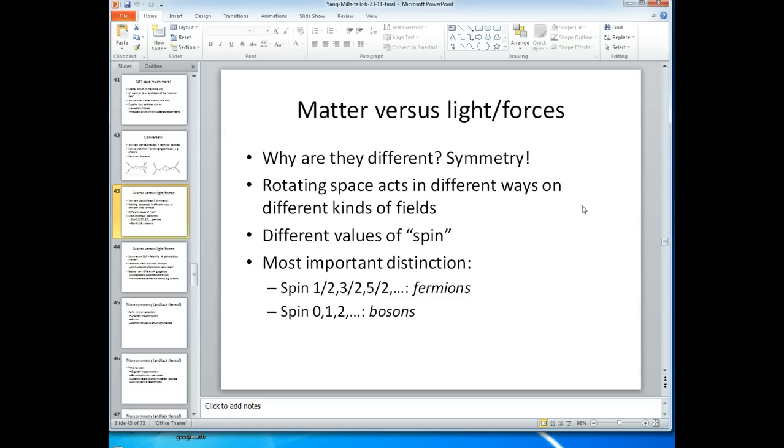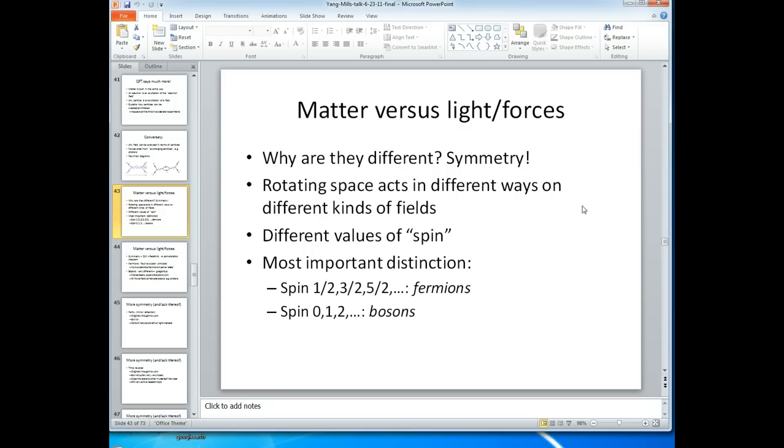It turns out that rotating is the essential thing here. There are lots of other symmetries we talked about, but rotation has some very interesting properties. If you look at an experiment and then you rotate the experiment, or especially if you rotate your frame of reference for that experiment, then different kinds of fields transform in a different way.